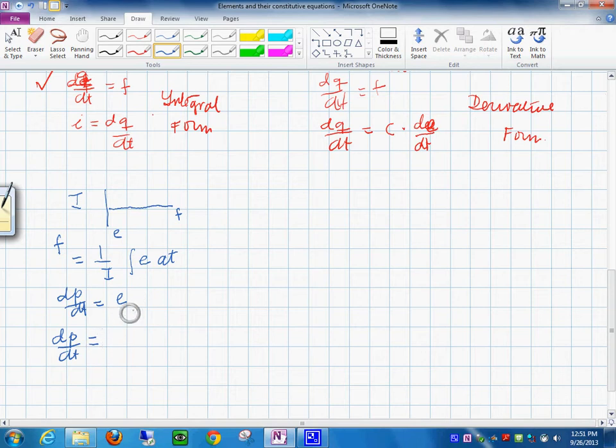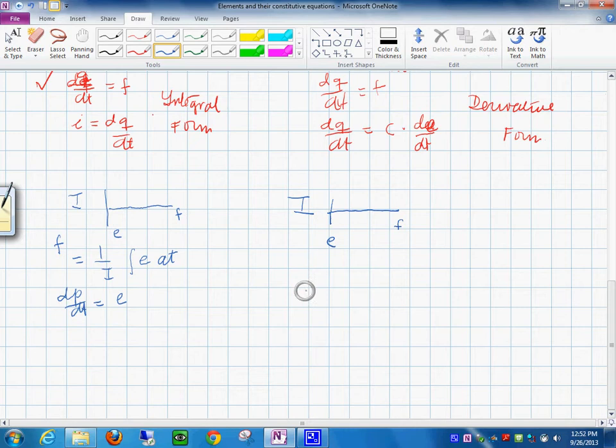So we have a derivative on this side. But what I'm trying to say is that if you had the I like this, okay, and then this is E and this is F.